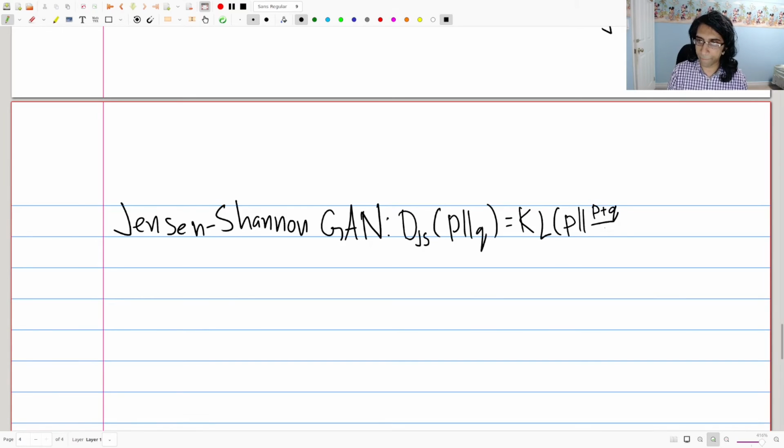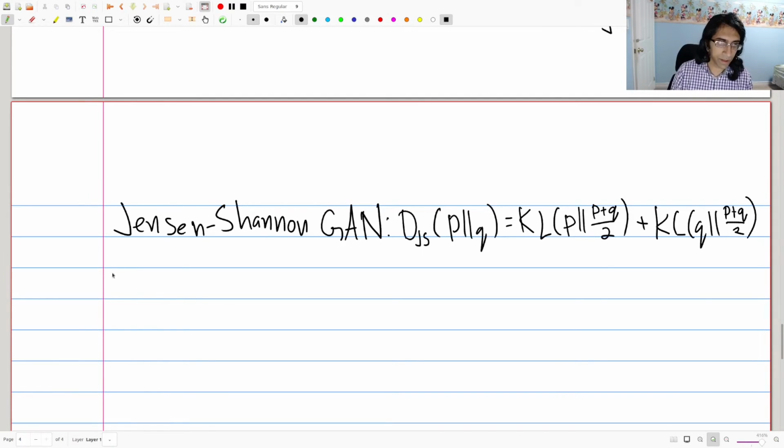So it's this plus KL of Q with respect to P plus Q over 2. So you can see here, unlike the standard KL divergence, this is going to be symmetric. So this is a nice and natural way of measuring distances. And so that's the Jensen-Shannon divergence, but we'll derive the GAN for this.